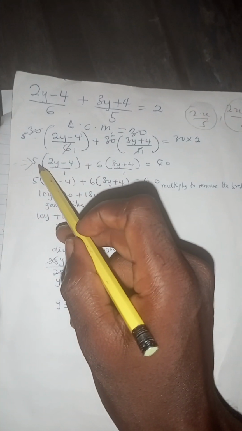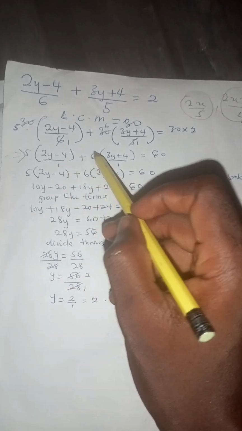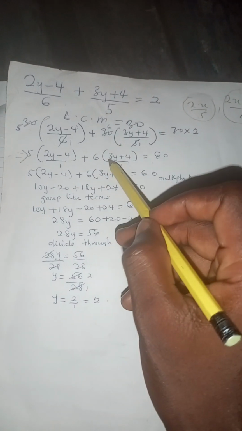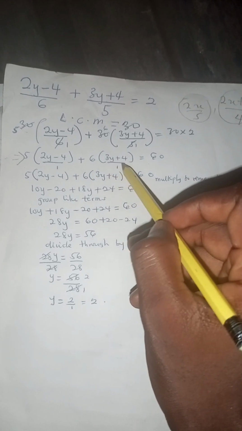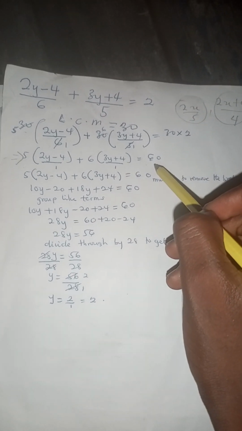So with this one, we're having 5 left, multiplying the brackets, that is (2y minus 4), plus 6, which is left, multiplying (3y plus 4) is equal to the product of 30 and 2, that is 60.